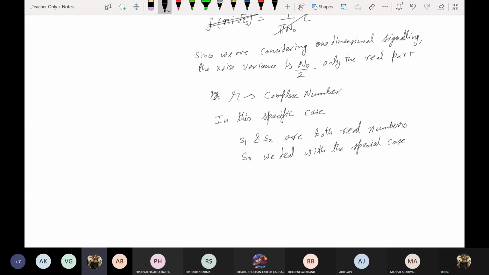So since we are considering one-dimensional signaling and the noise variance is N0 by 2, R is a complex number, while S1 and S2 are both real numbers.